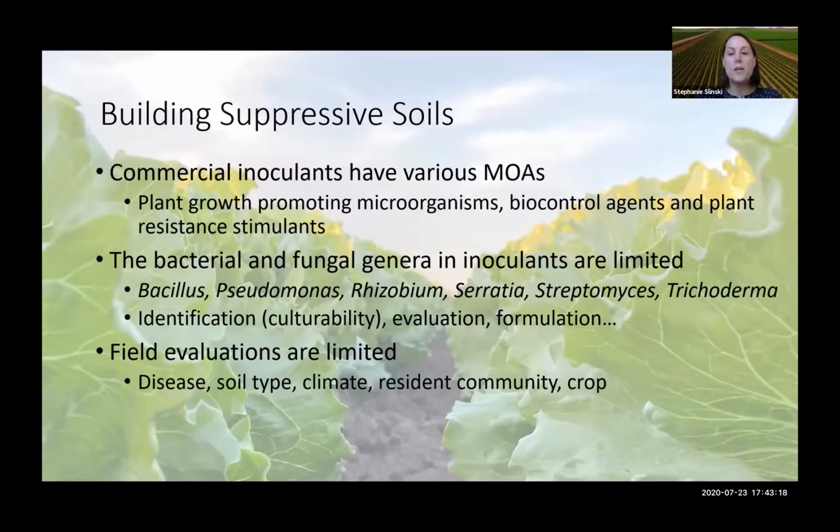They've been evaluated for specific modes of action. They can be formulated into a product, so they have a shelf life, so they can actually be used in agriculture. And the genera that I listed are just maybe half of the common genera that are found in a lot of these products.